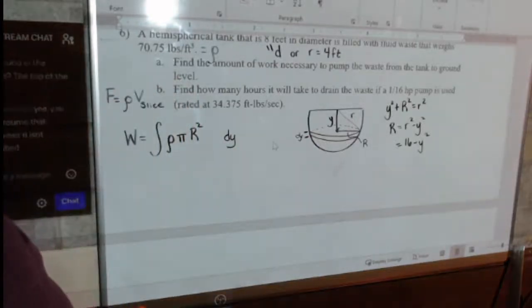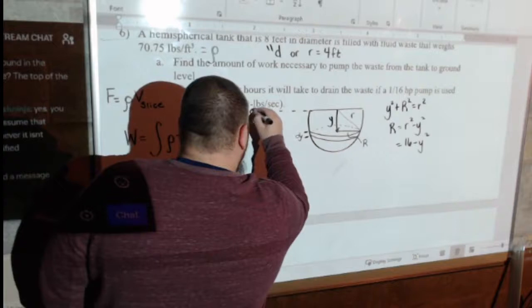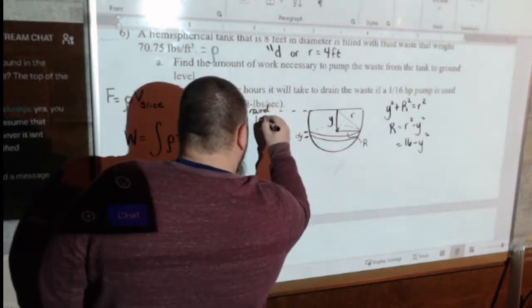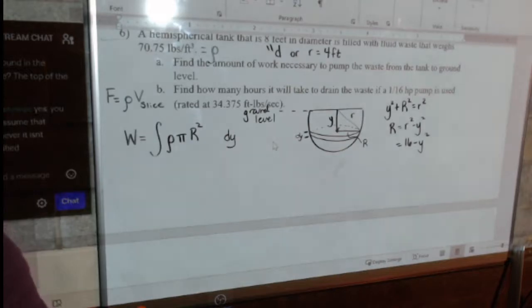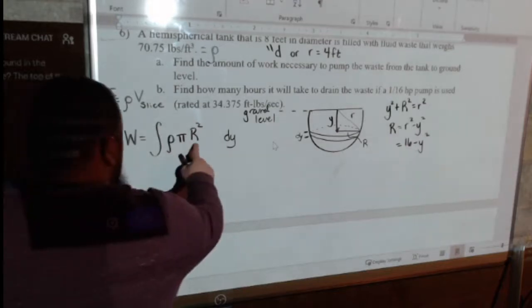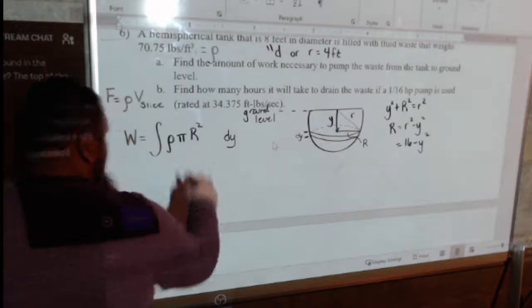But I also have to take into account, yeah, the ground is at the top of my picture. This is ground level. Yes, you can assume that whenever it isn't specified. Okay, thank you for answering that. So rho pi R squared dy, and then I need the distance that it has to travel.